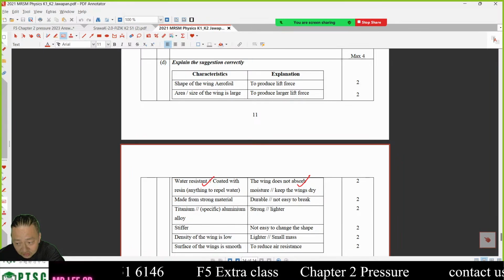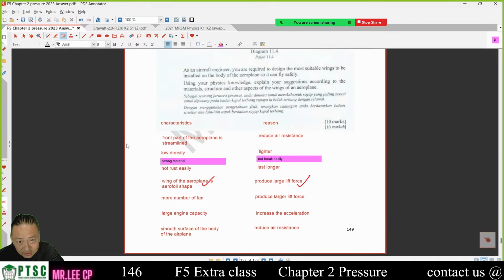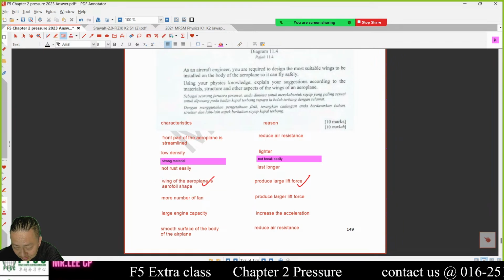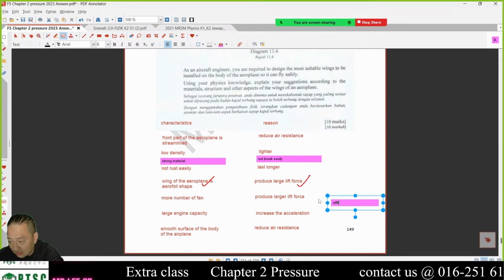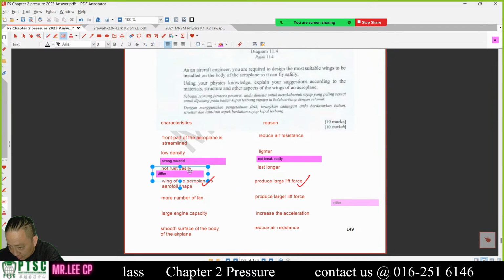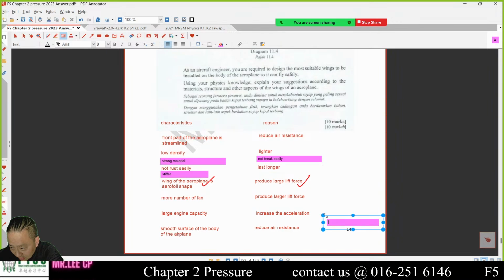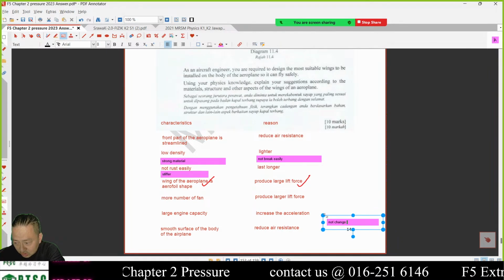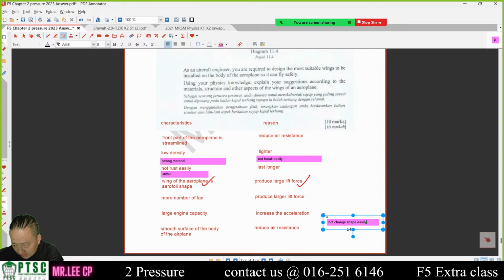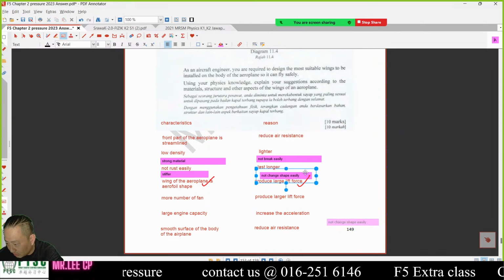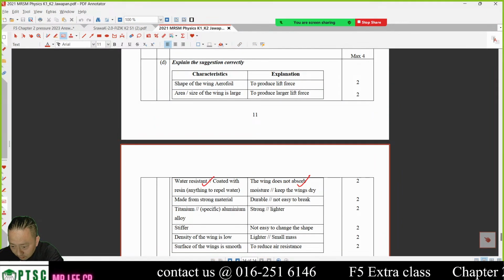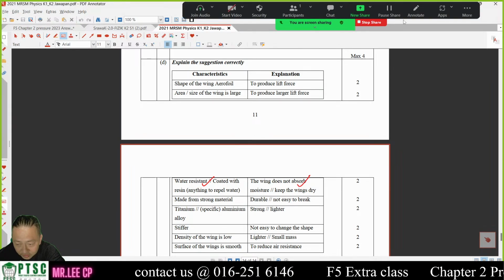Stiffer, not to change the shape. You can use stiffer material, will not change the shape easily. You can write it here. Stiffer. Density low, yes, I got it here.